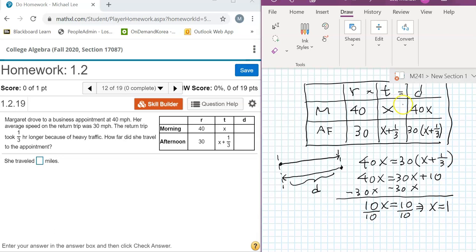That is meaning what? 1 hour. This is time. We're not done yet. We're trying to find the distance, isn't it? Okay, so distance is 40 miles an hour, and then we took 1 hour, so it is 40 miles.